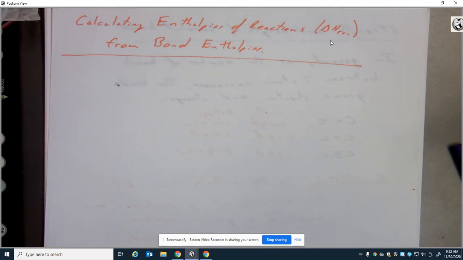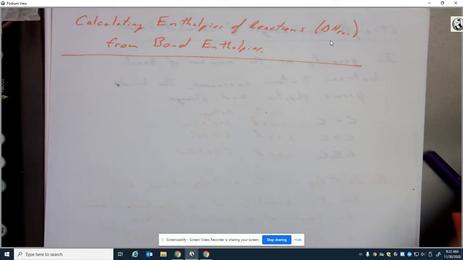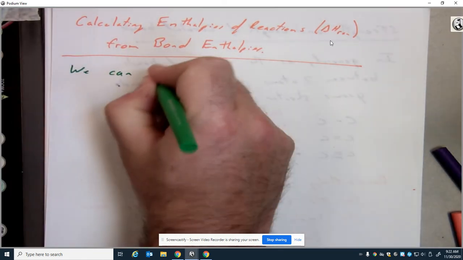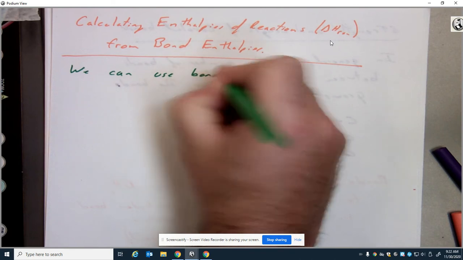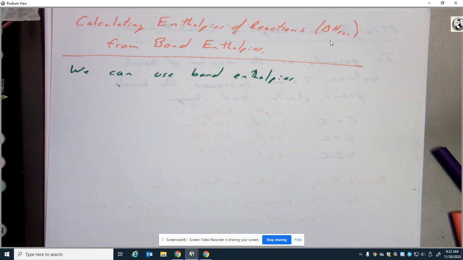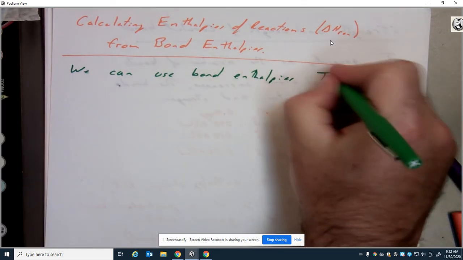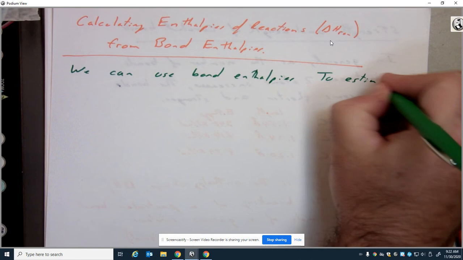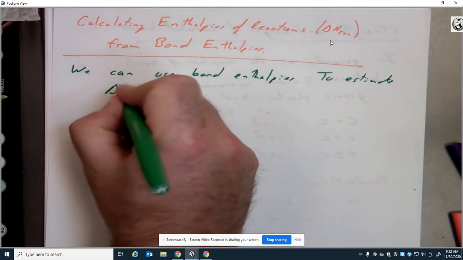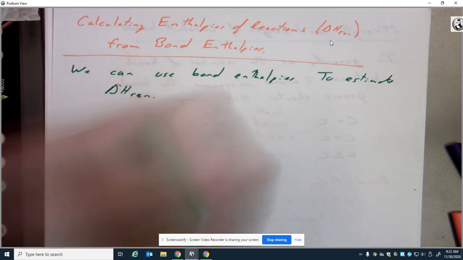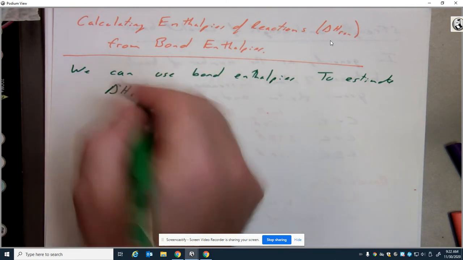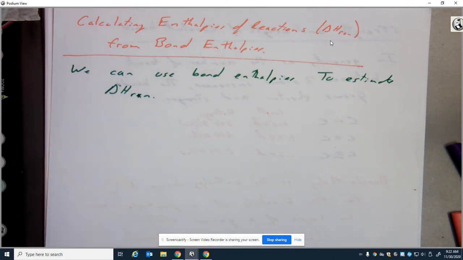So we can use bond enthalpies to estimate the delta H of reaction. Now, in reality, what we're going to be doing is using a form of Hess's law.